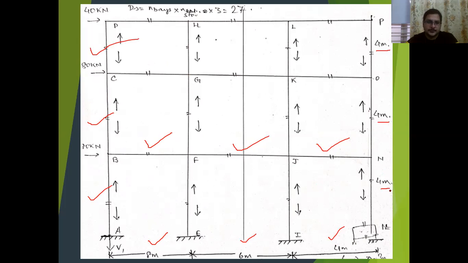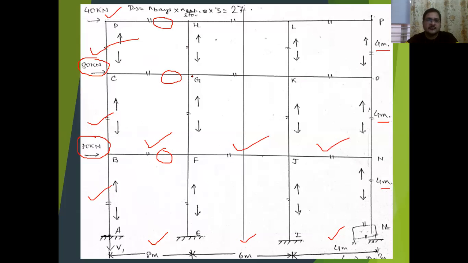The frame is subjected to lateral loads: 40 kilonewton at the topmost level, 80 kilonewton at the second level, and again 80 kilonewton on the first level. Here, this is floor level 1, this is floor level 2, and this is floor level 3.